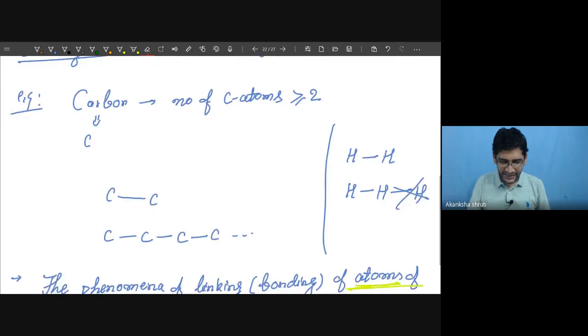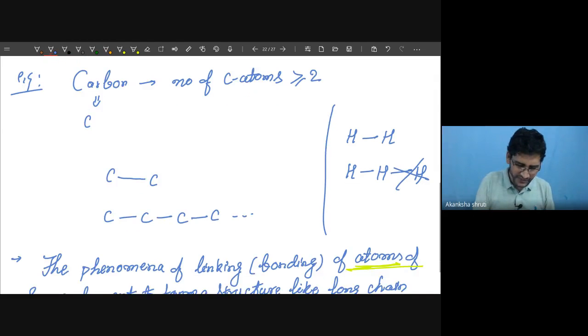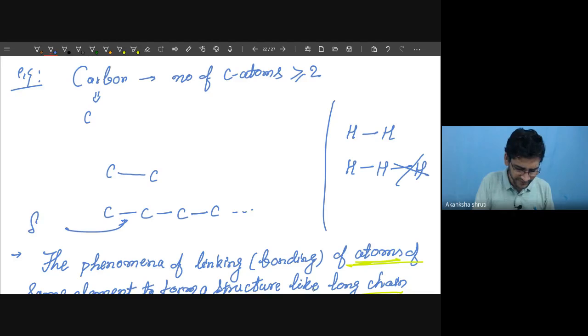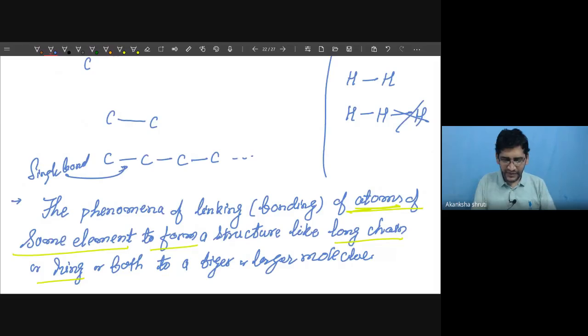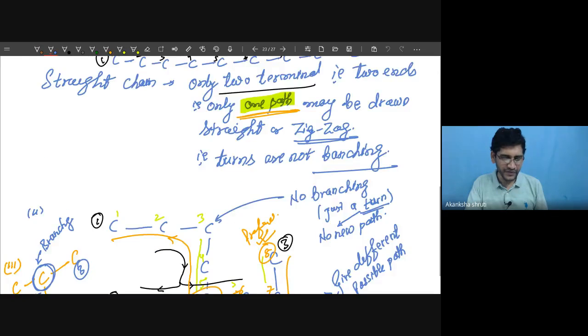So for linking the carbon, at least one bond has to be formed. This one bond is called your single bond. But depending on the hydrogen, more electrons may be shared between the two carbons, that leads to double bond or triple bond or even cyclic also.